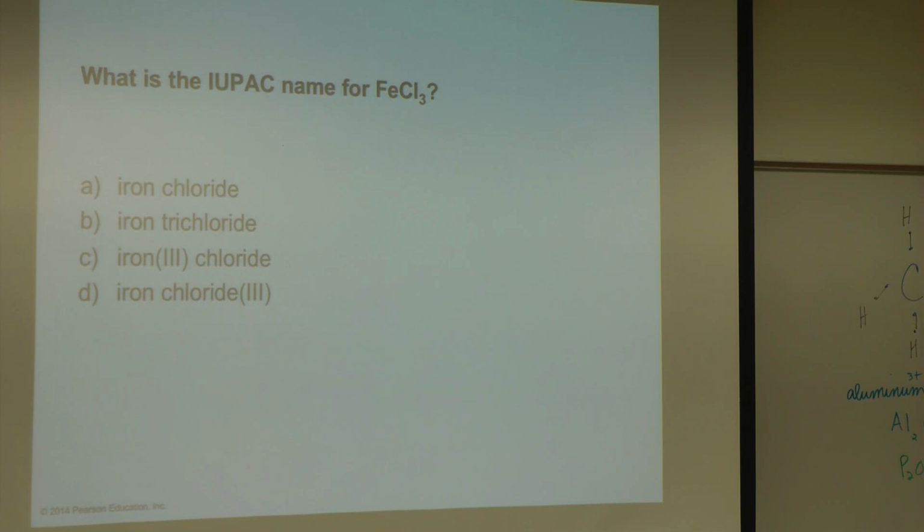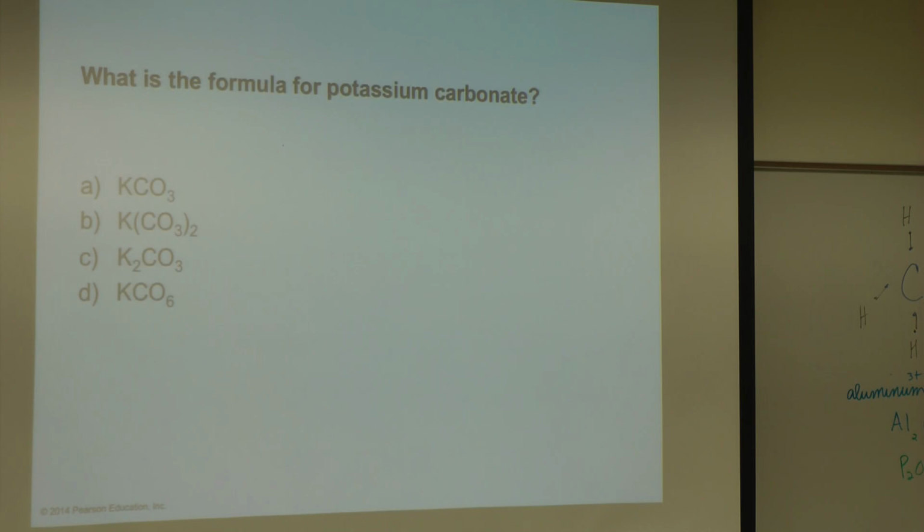So for this one, what would be the answer for FeCl3? Okay, so letter C, right? Letter C is the correct answer. So for potassium carbonate, what would it be? So potassium.